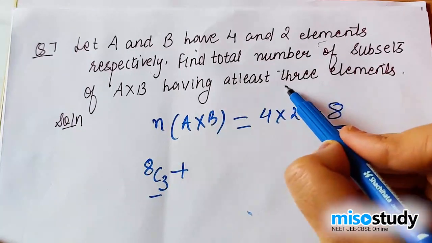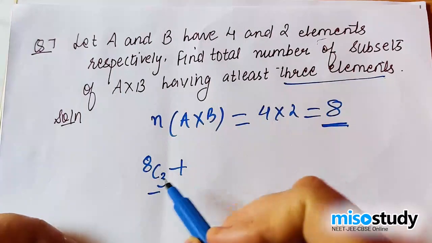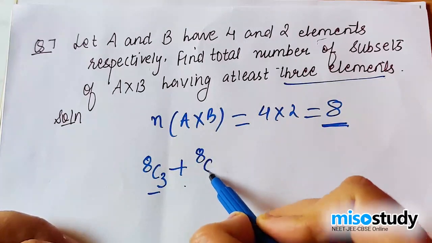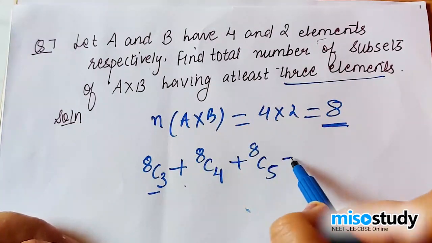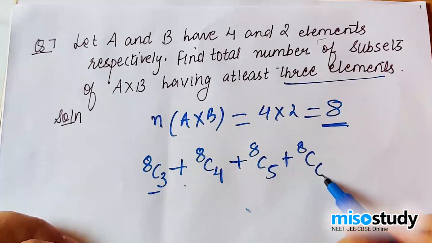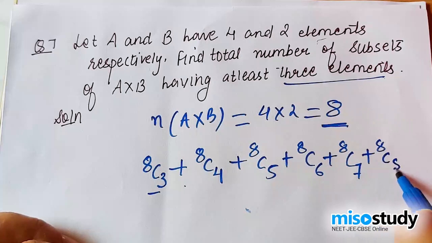Since it is at least 3 elements, a minimum of 3 elements have to be chosen. They can be 4 also, 5 also, till 8 you can choose. So either 3 or 4 or 5 or 6 or 7 or 8.